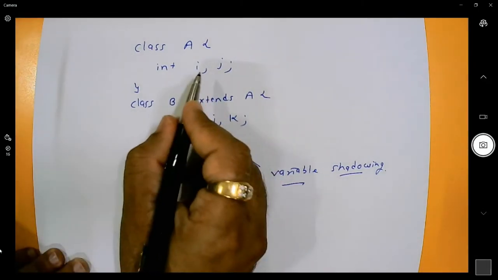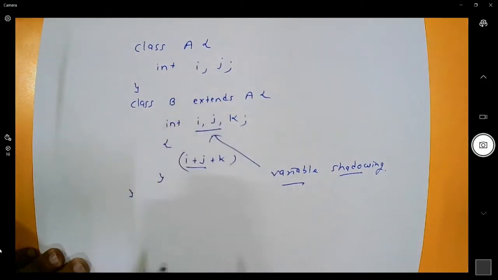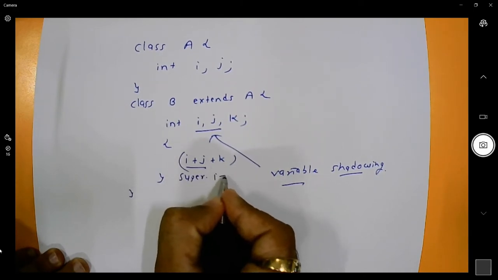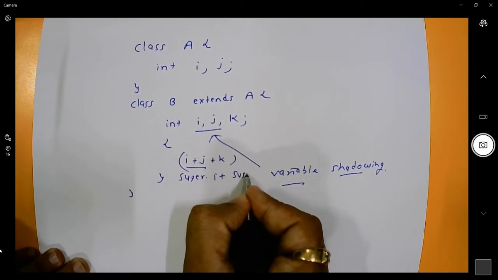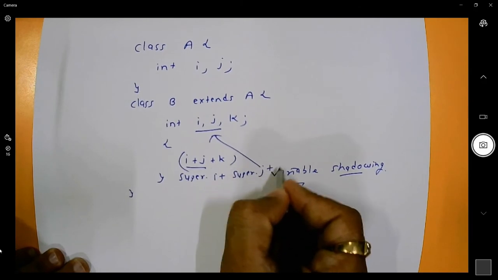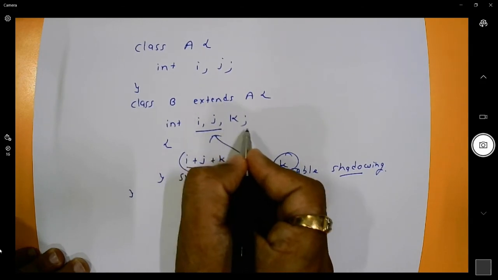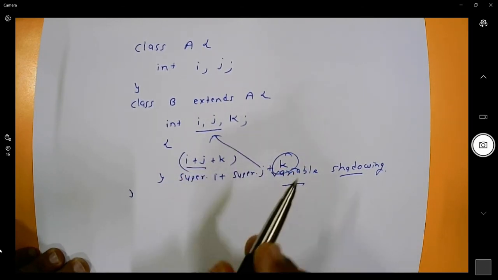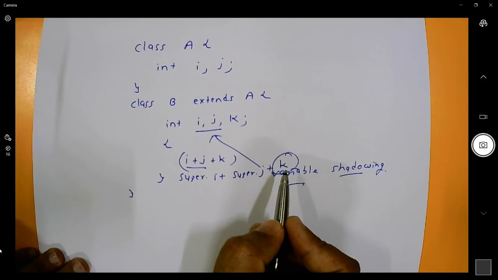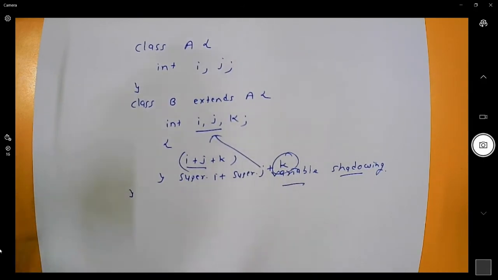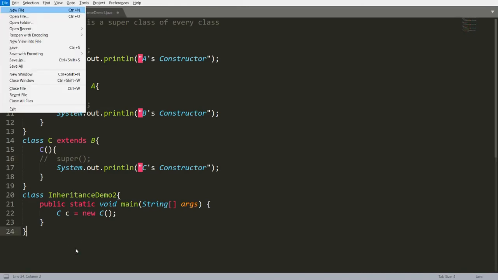If you want to access the values from the superclass, then you can write super dot i plus super dot j plus k. No need to write this here, because there is no ambiguity over here. But in which situation is this dot k required? Let me give you a perfect example for the same. See here, I want to give you one more demo.